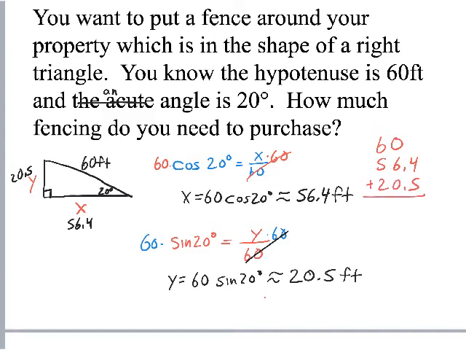We're going to add all those up, and what we get is 136.9 feet. It's a length, so it's feet. That's how much fencing you would need to purchase in order to put around this property.